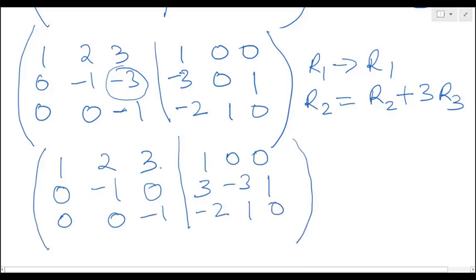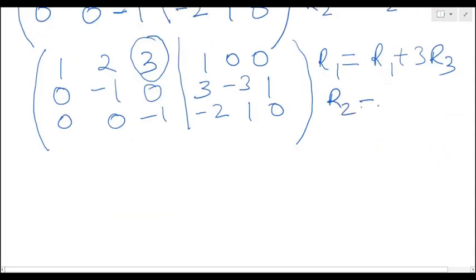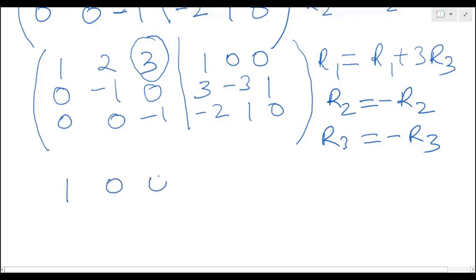Now the next thing we'll do is reduce the 3 to a 0, which will mean that row 1 is equal to row 1 plus 3 row 3. Row 2 will be equal to minus row 2, and row 3 will be equal to the negative of the current row 3, which will give us 1, 0, 0.